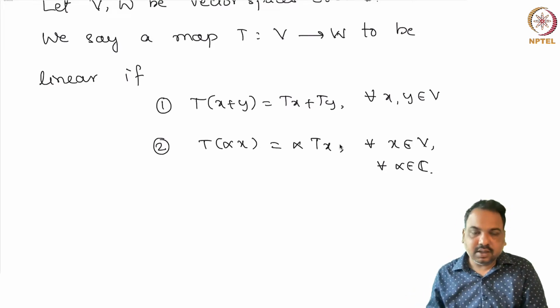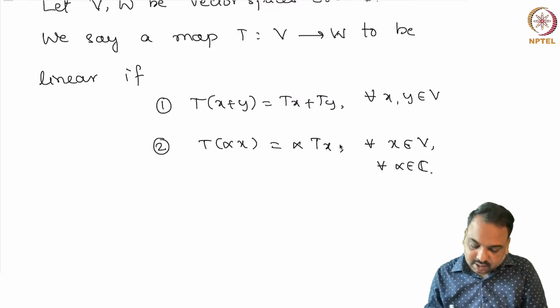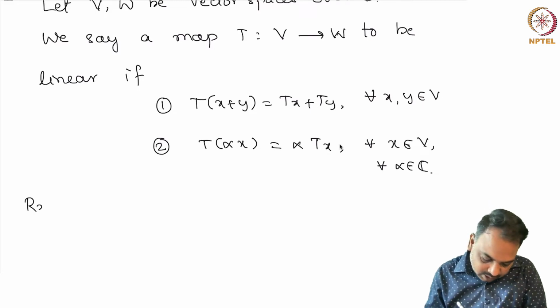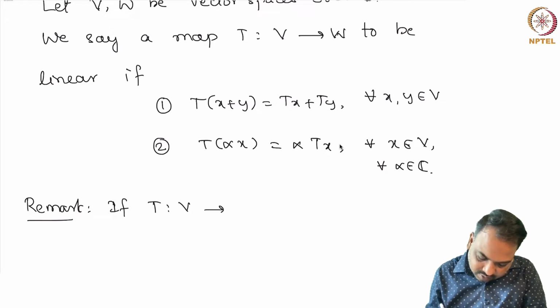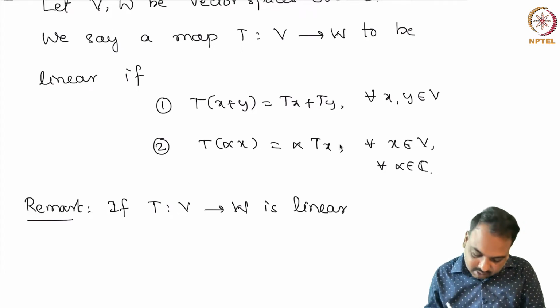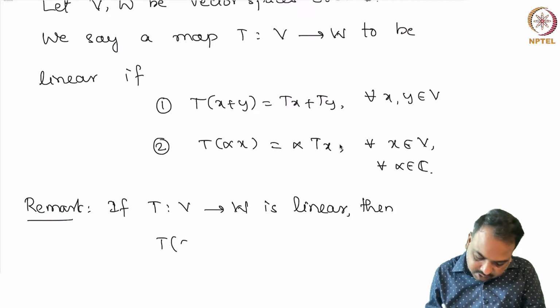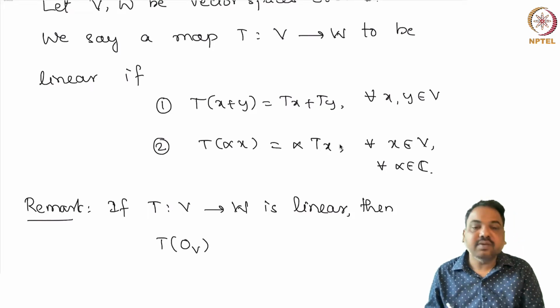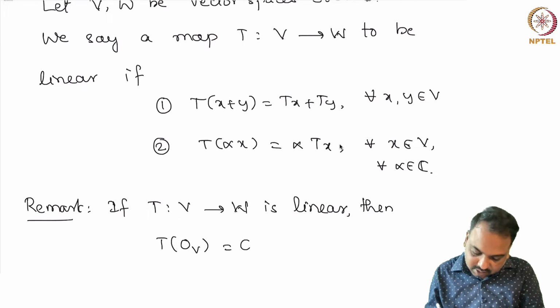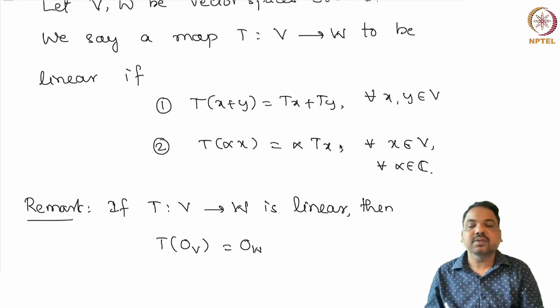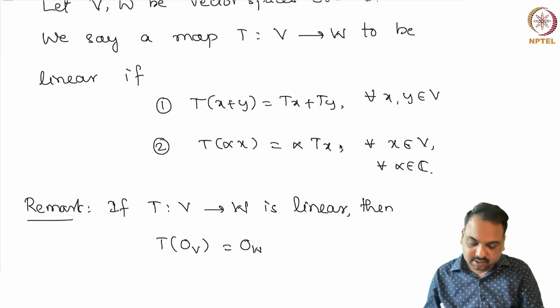One immediate observation after defining a linear transformation is the following. If T from V to W is linear, then T of the 0 vector of V, that is 0 suffix V, is nothing but the 0 vector of W. That can be seen from the second condition.